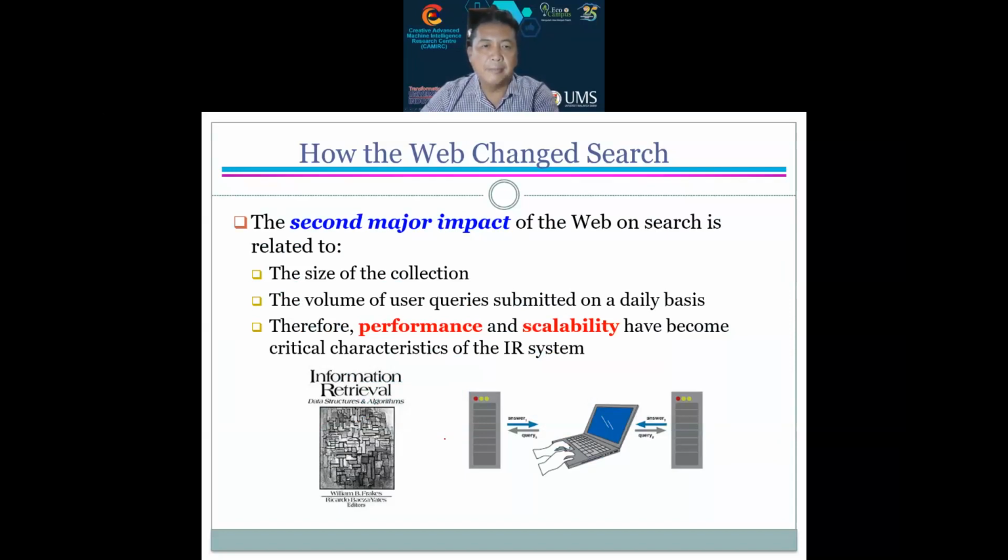The second major impact is the ability to retrieve your documents effectively. We need to study how to retrieve documents more efficiently and how much we can cover, the scalability of your search.